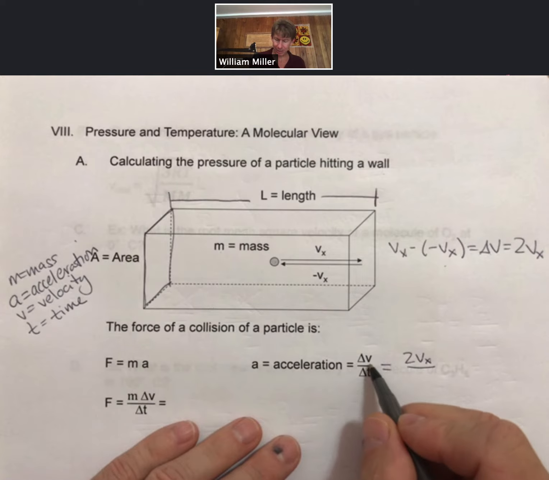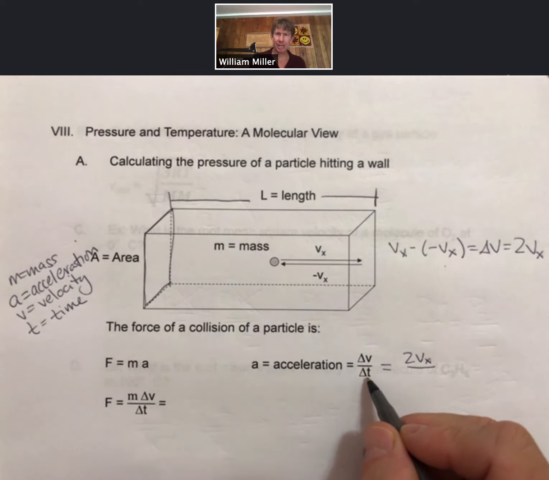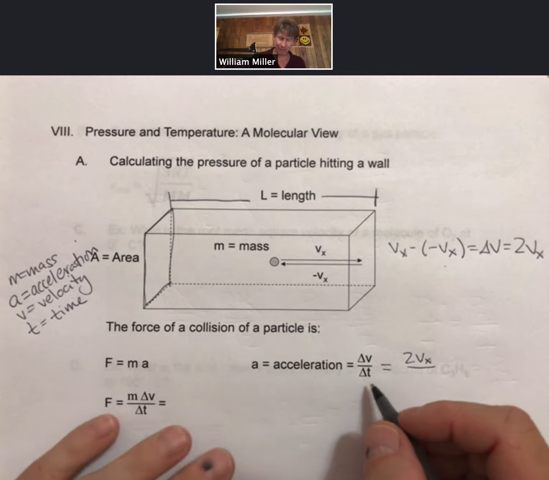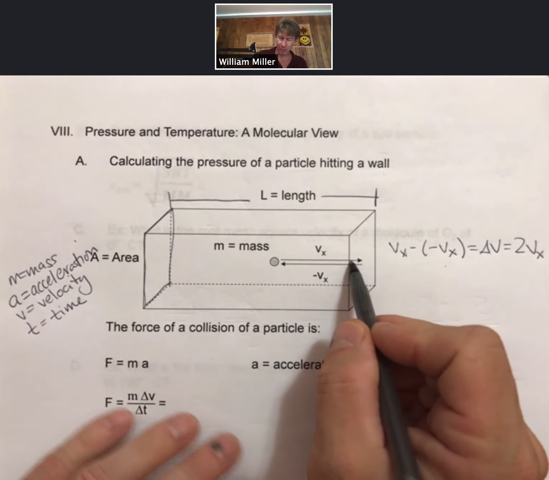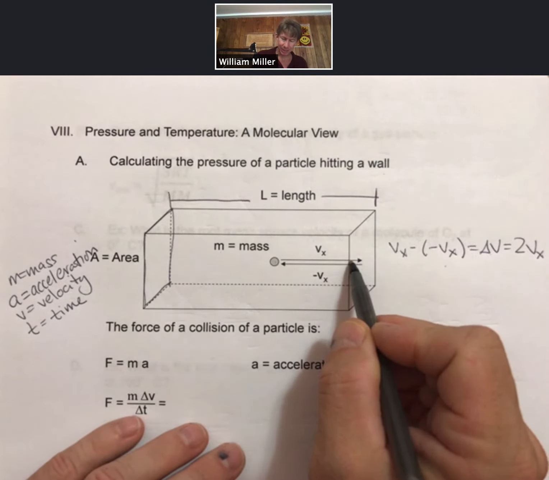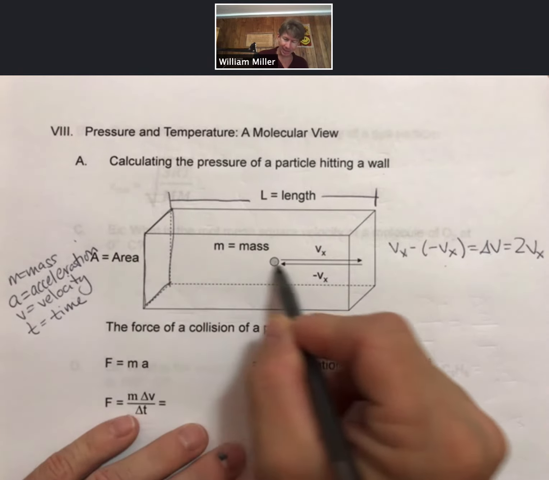Now, the collision occurs every delta t, and delta t is the time between collisions. And the time between collisions, well, it bumps into this wall, then it's going to go down and then come back.